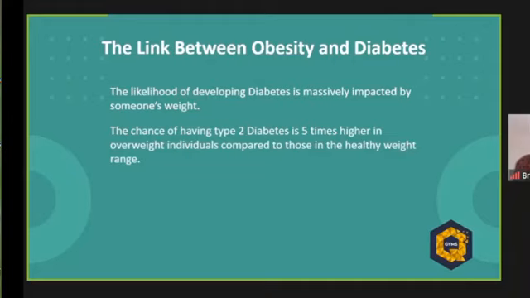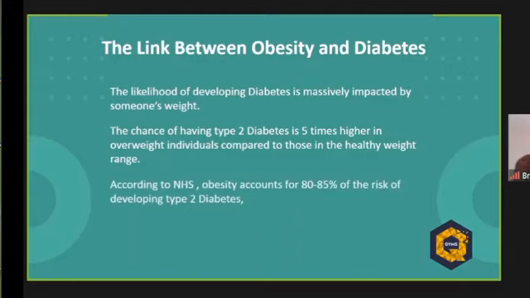And according to the NHS, I always pronounce their name wrong, the NHS, which is the National Health Service, the chance of having type 2 diabetes is 5 times higher for obese individuals compared to those in the healthy weight range.